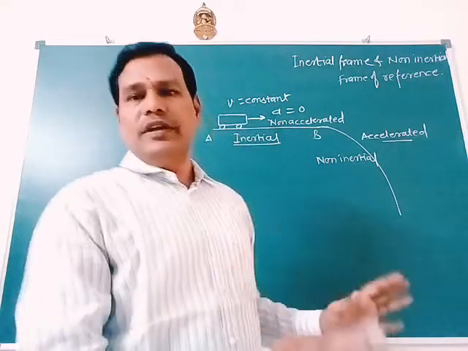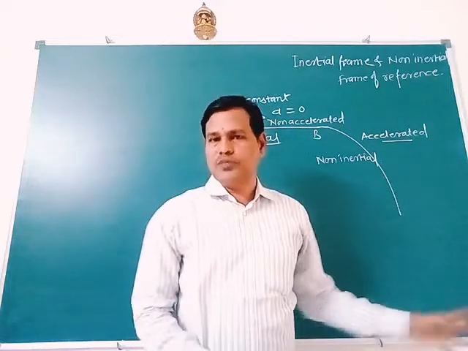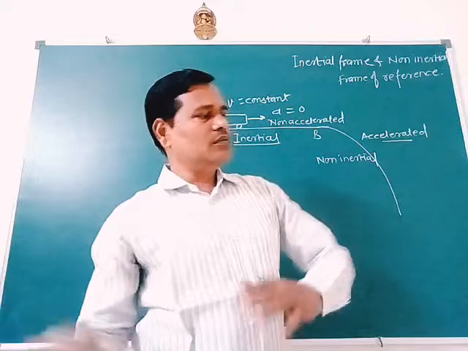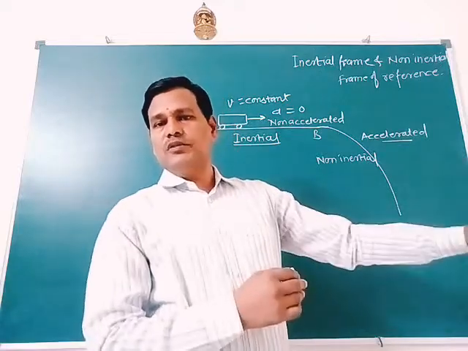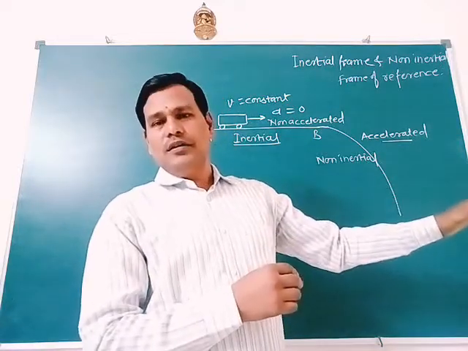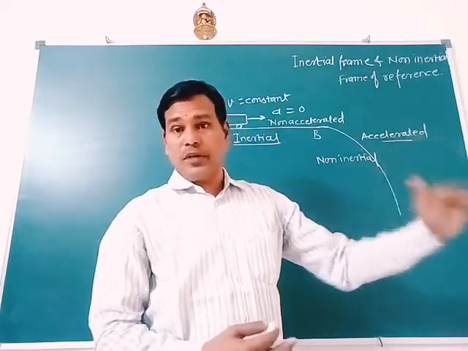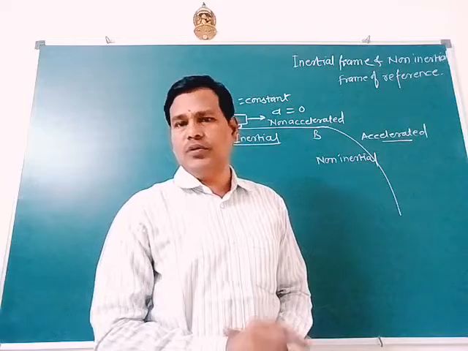Suppose the driver and the second person seated beside are not wearing the seat belt, and the car is moving with very high speed, and suddenly some condition arises so that the driver has to apply the brakes quickly. What happens?